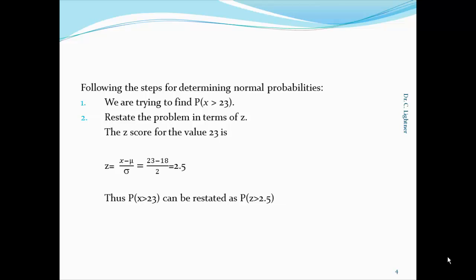The z-score for the value 23 is equal to 23 minus the mean, which is 18, divided by the standard deviation, which is 2. This gives us a z-score of 2.5. So our problem, the probability that x is greater than 23, can be restated as the probability that z is greater than 2.5.